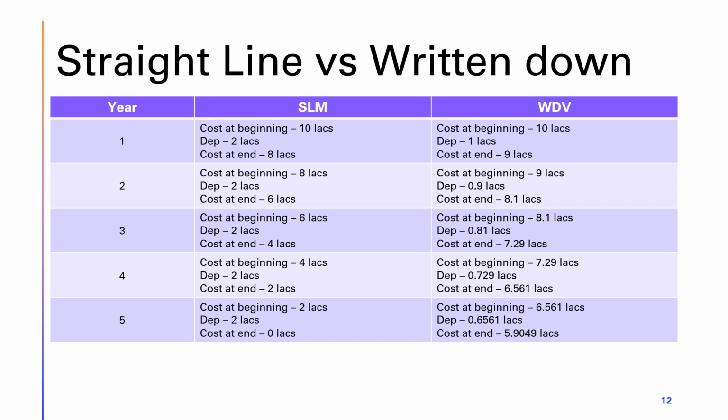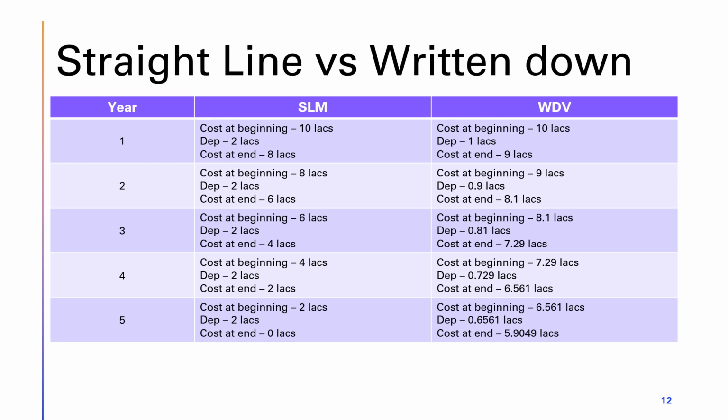Now we will see the calculation of depreciation for 5 years under both methods. Under the straight line method, the cost of the asset at the beginning of the first year is 10 lakhs and we know that depreciation per year is 2 lakhs. So the value of the asset at the beginning of each year will automatically be reduced by 2 lakhs each year. Whereas under the written down value method, depreciation is computed by applying a fixed percentage on the value of the asset at the beginning of the year.